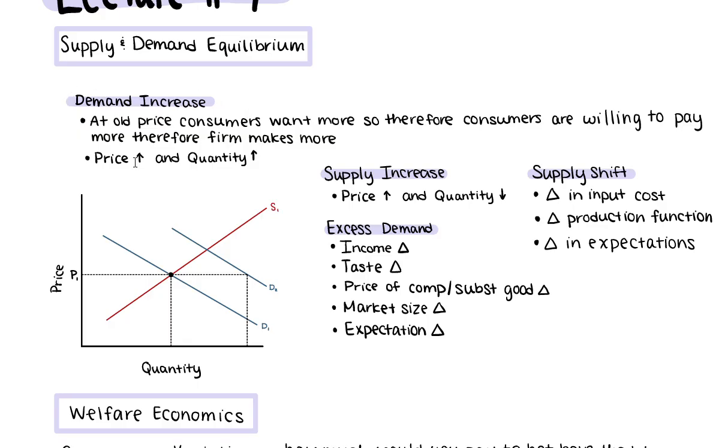Demand increases, so at the old price, consumers want more. Therefore consumers are willing to pay more, and therefore firms make more. So if demand increases, the price goes up and the quantity goes up.